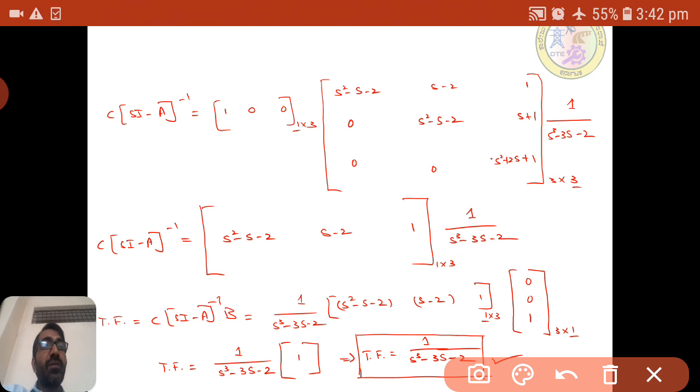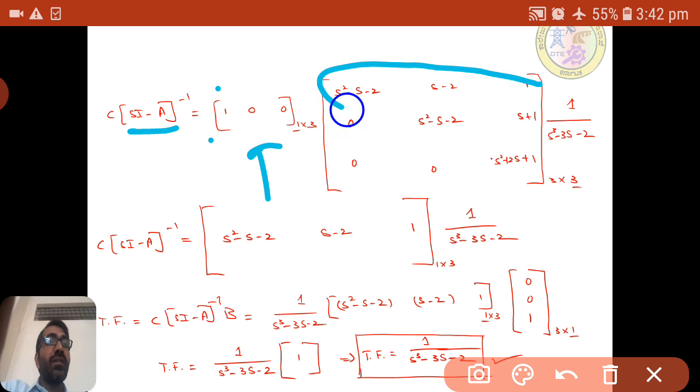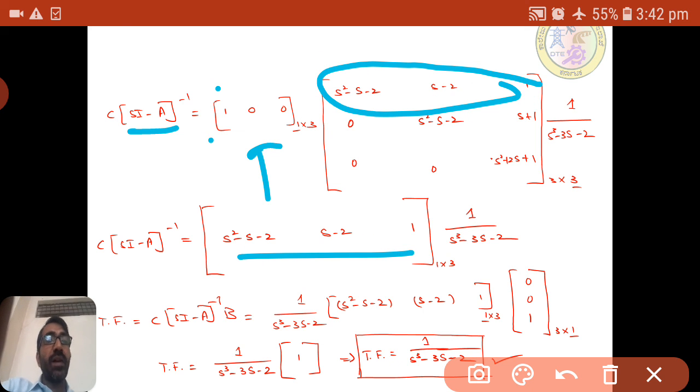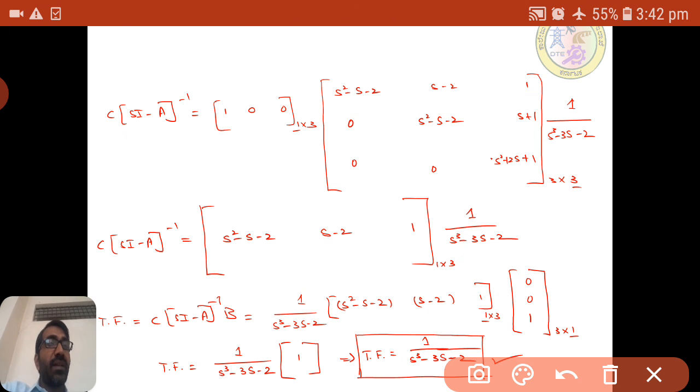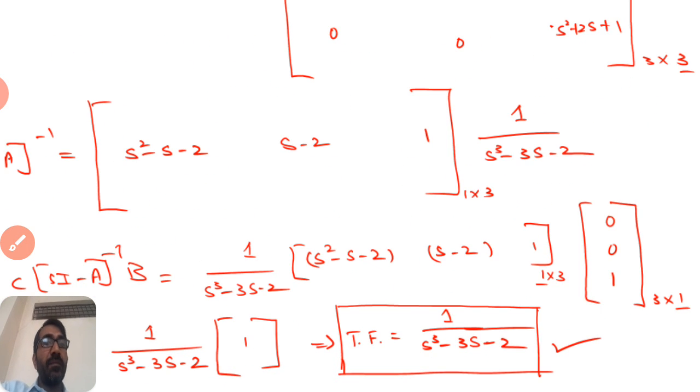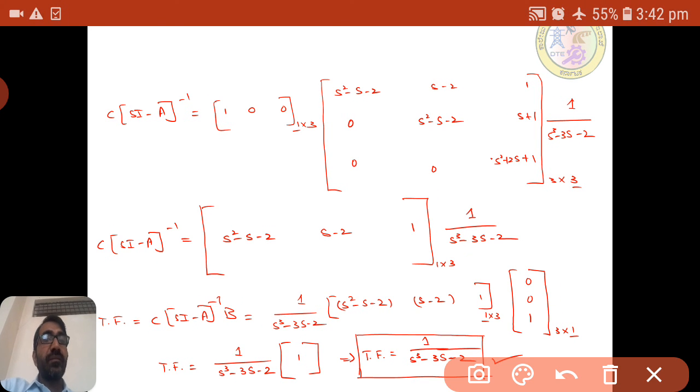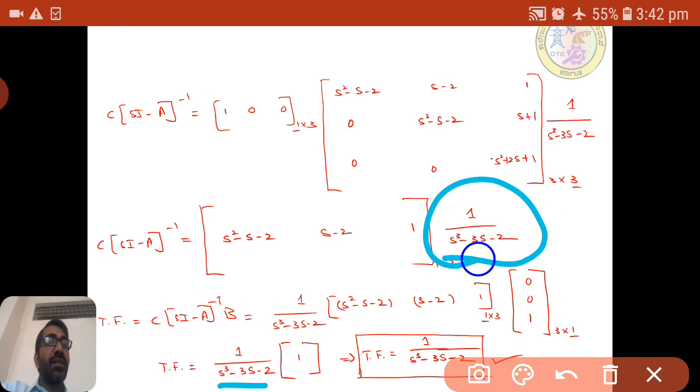Once we have calculated sI minus A inverse, you multiply with C, that is 1 0 0. Then it will remain with only one row, the determinant is kept as it is, and we multiply again with B. B here is also 0 0 1, so 0 into this term, 0 into this, and 1 into this, again it remains with only 1, leaving only the determinant.